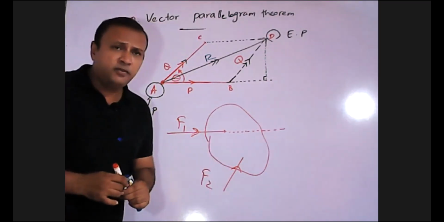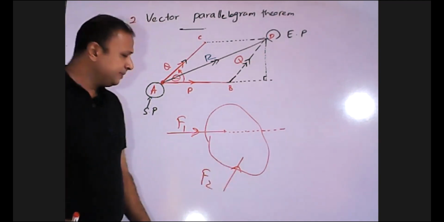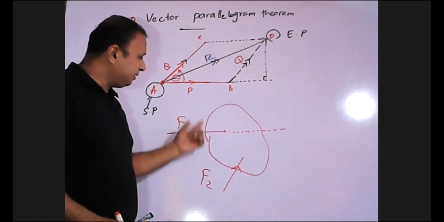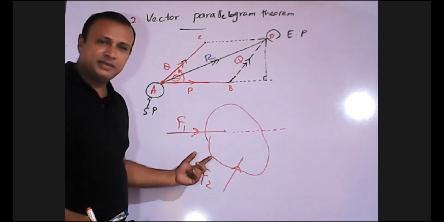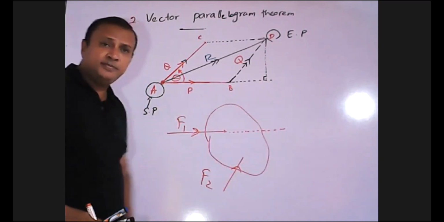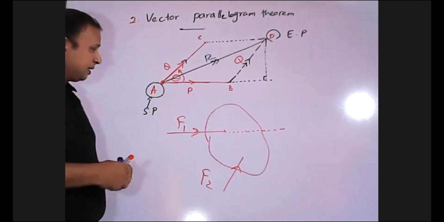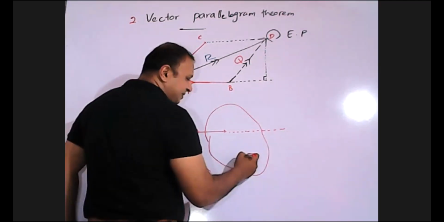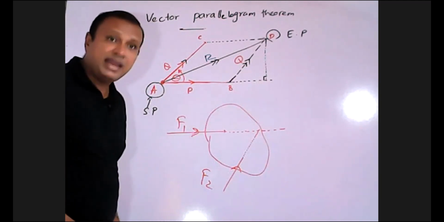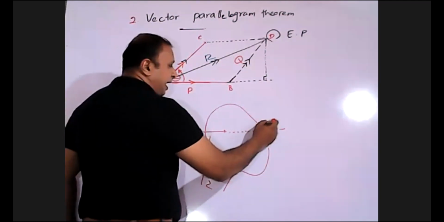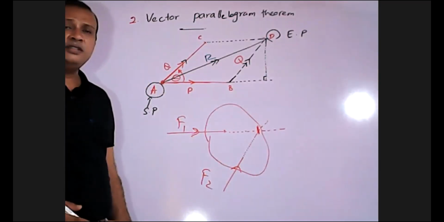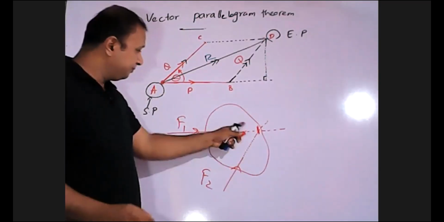If you are given this kind of vector to add, although they are not acting at the same point, you can extend their line of action and find the overlapping or coinciding point.